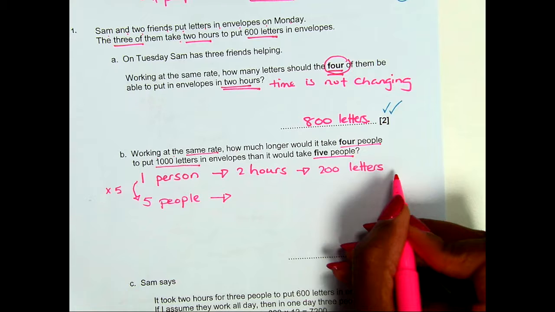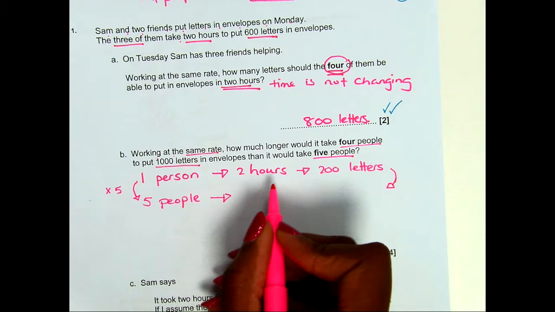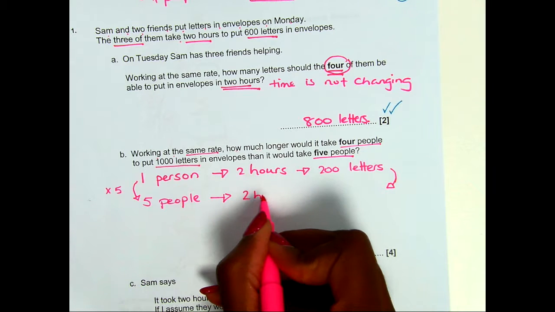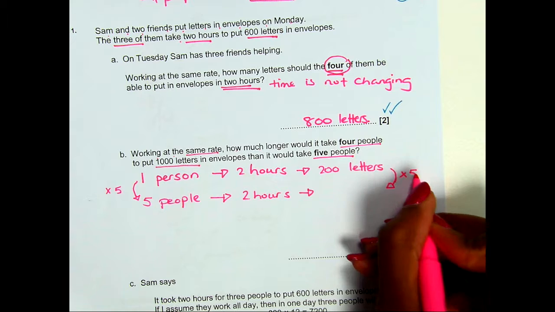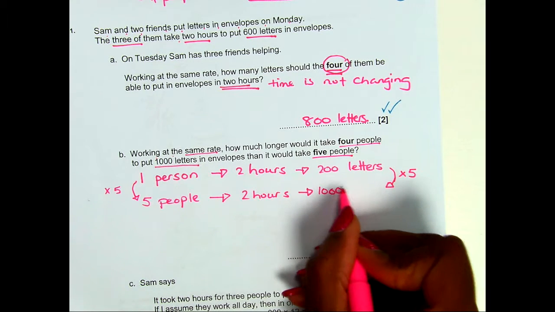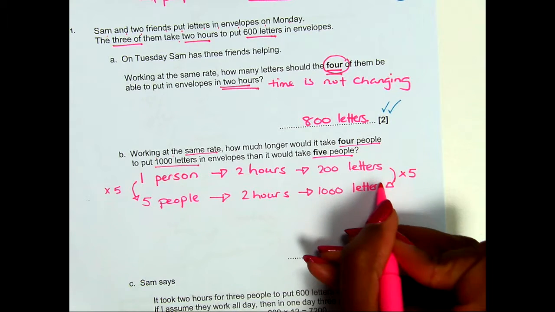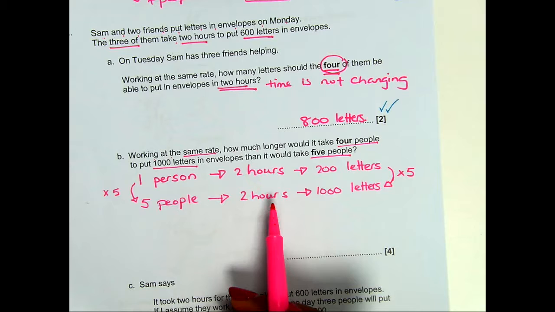Okay, so I'm going to times by 5 on that side as well. And that gives me 1,000 letters. Okay, so this is kind of your first calculation.